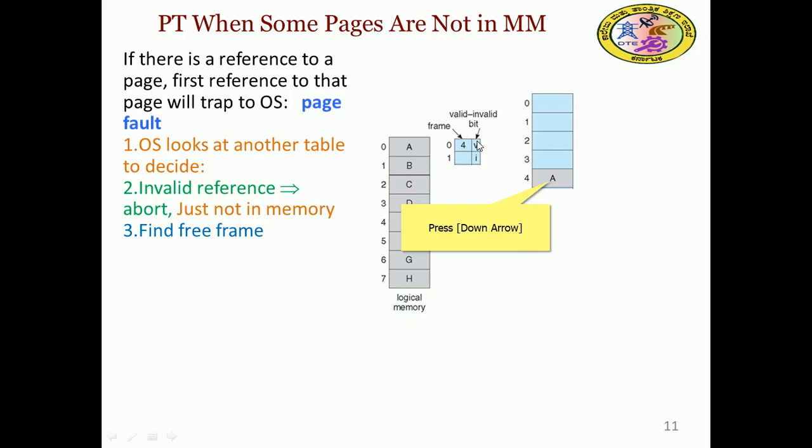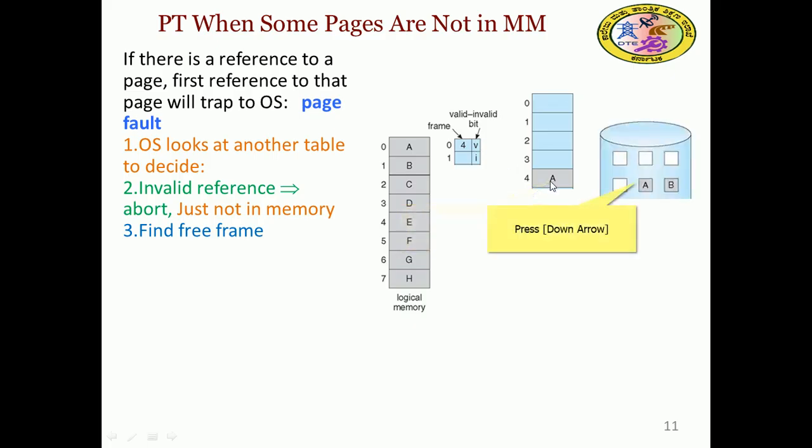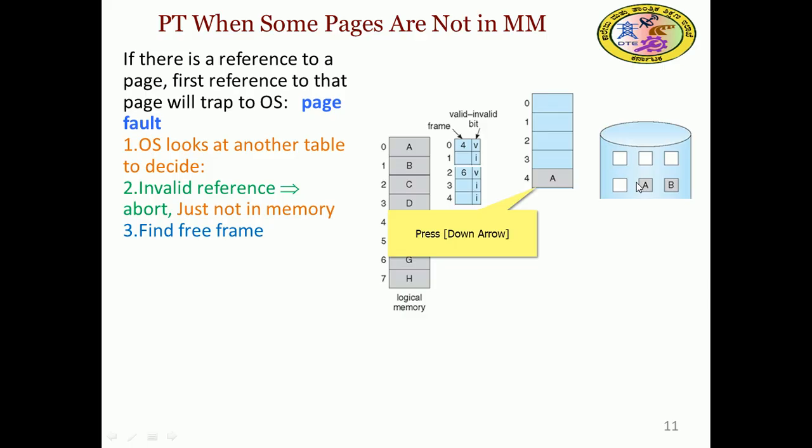So this is logical memory, this is virtual memory, and this is the page table. The page table establishes a relation between pages and page frames. So page 0 has page frame 4, and the page frame is in physical memory. So data A is available at page frame 4. Similarly, this page will be in the backing store; it is available in secondary memory.